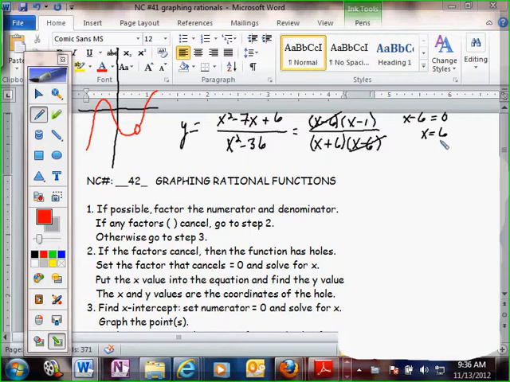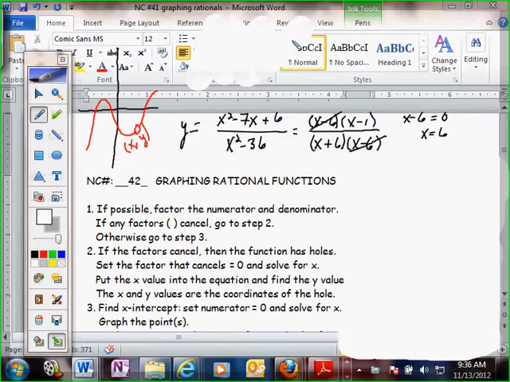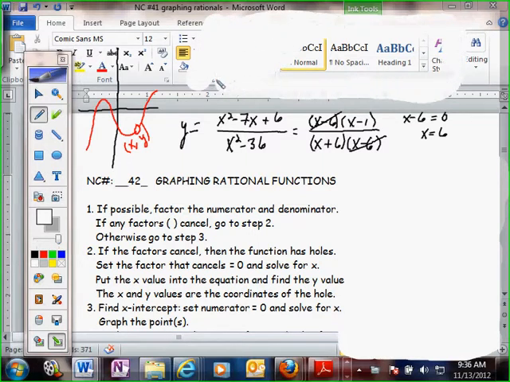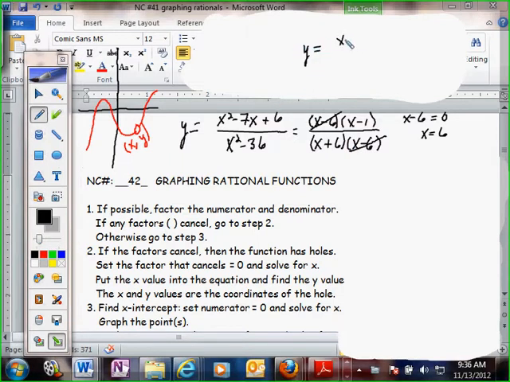I'm looking for this ordered pair, an xy value. I have the x value right here at x equals 6. I need the y value. How I find that is, after these factors cancel, what I'm left with is y equals x minus 1 over x plus 6, because these two pieces canceled.